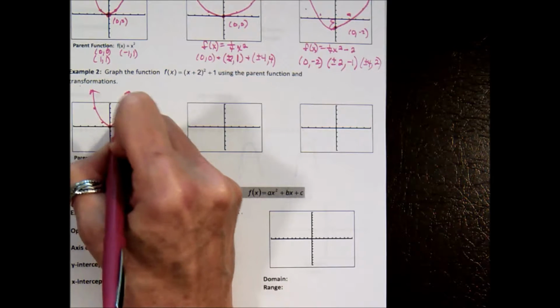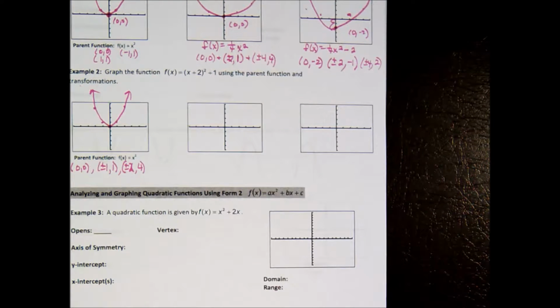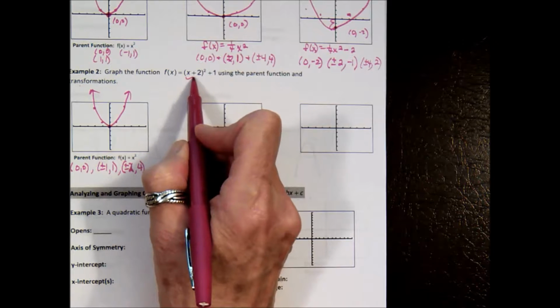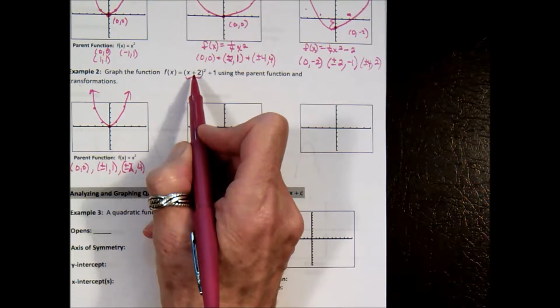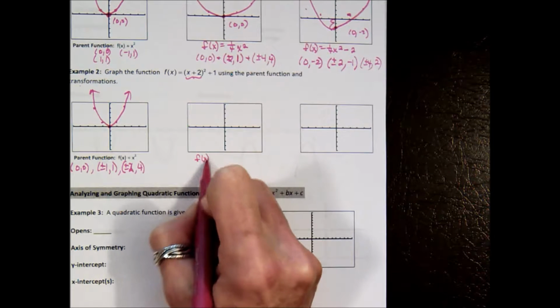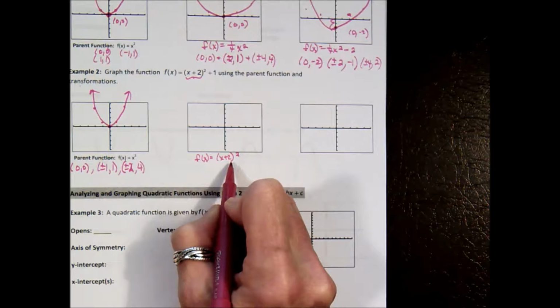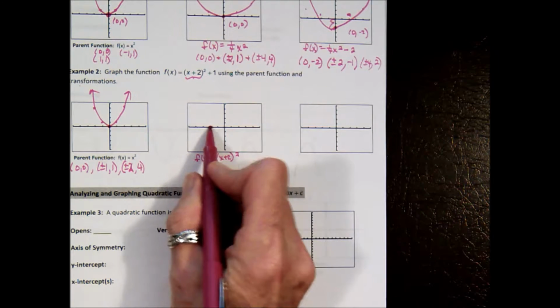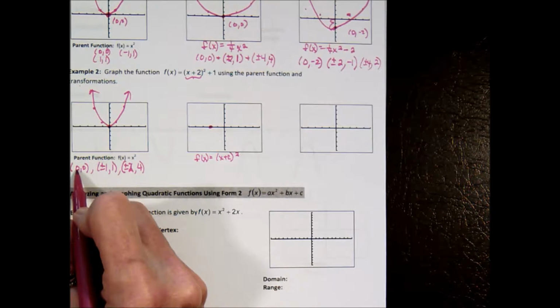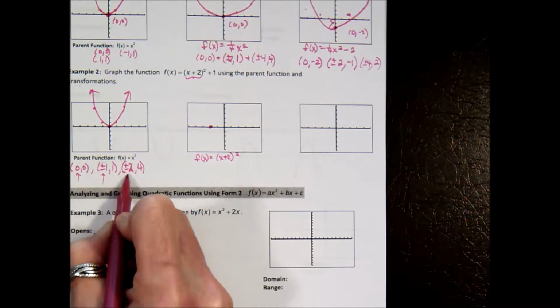Not too bad. Okay. The first thing we want to do is this inside horizontal shift. So f of x equals (x plus 2) squared takes it to the left 2, which means my x is going to change. So I'm going to subtract a 2 from each of these x's.